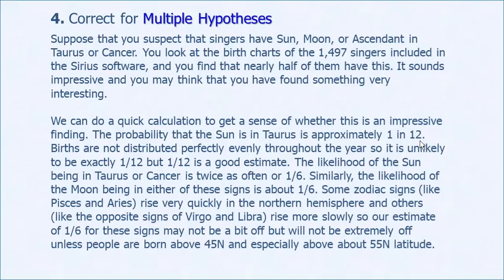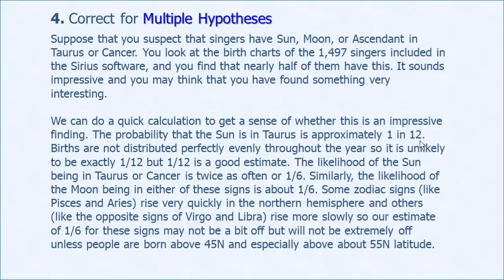The probability that the sun is in Taurus, there are 12 signs, it's roughly 1 in 12. Now, it's not exactly 1 in 12 because people tend to be born at certain times of year, but roughly 1 in 12. So what's the probability that sun will be in Taurus or Cancer? That's 2 out of 12 signs, 1 in 6.